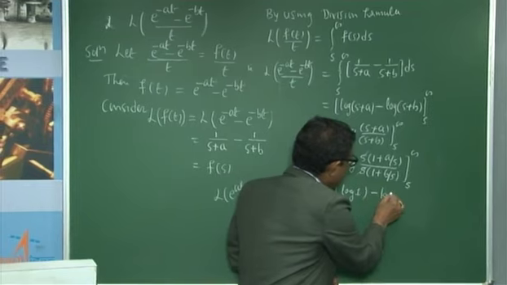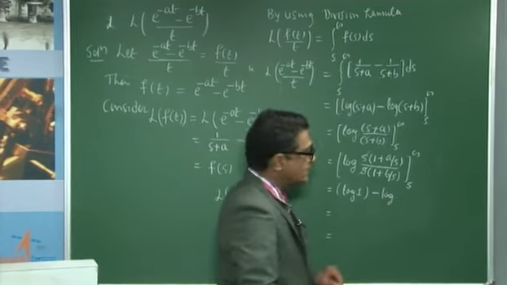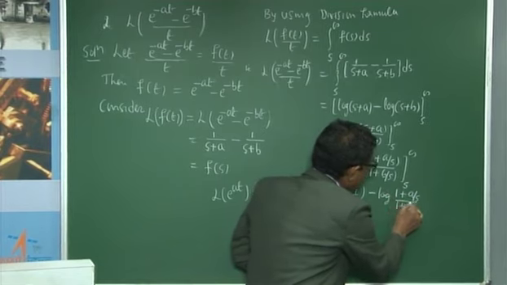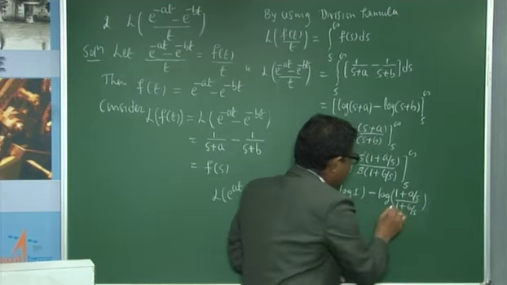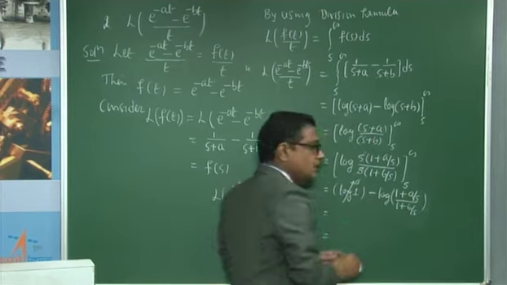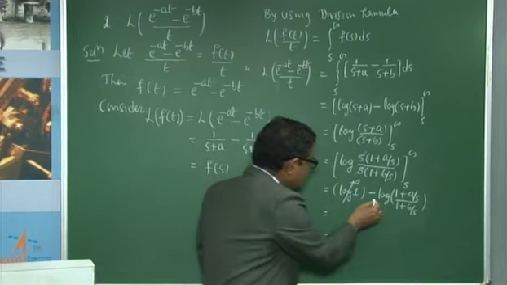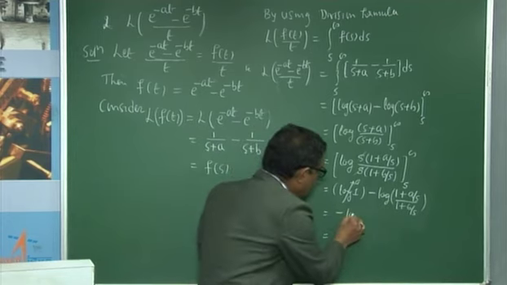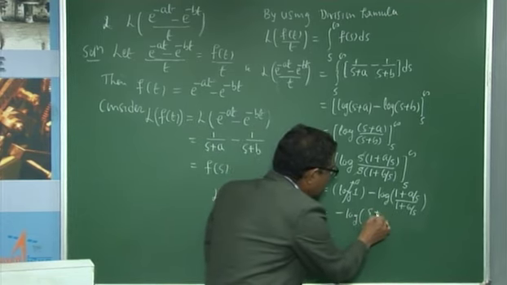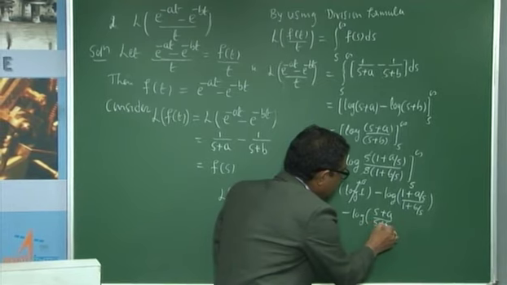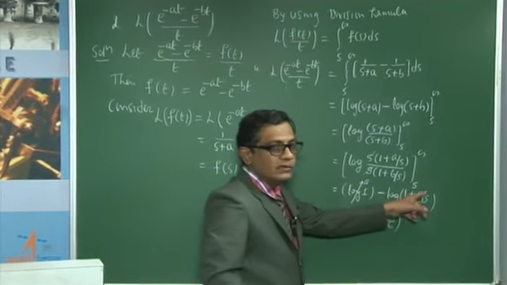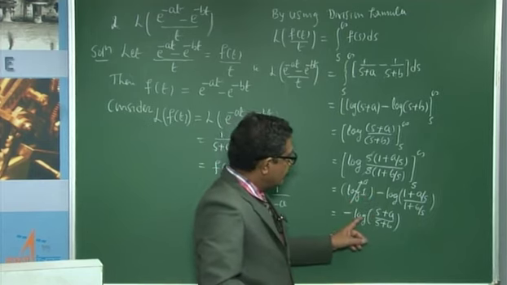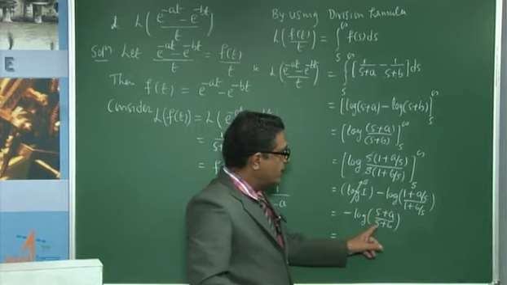Minus log of, you have to put lower limit s as it is, 1 plus a by s by 1 plus b by s. Again this log 1 is 0. Then second term minus, again if you take LCM, it becomes log of s plus a by s plus b. Then s in the numerator and s in the denominator will get canceled. Then you are left with log of s plus a by s plus b.